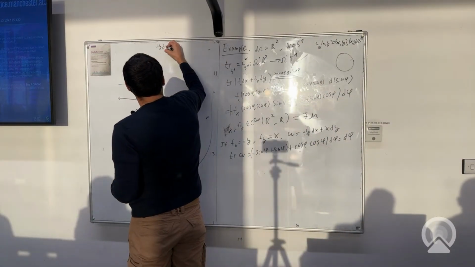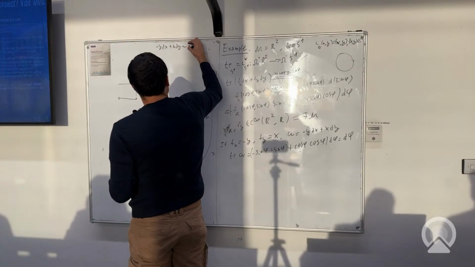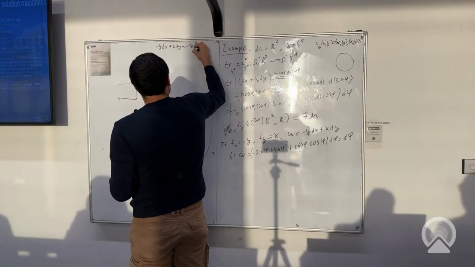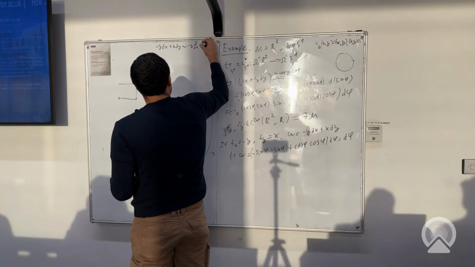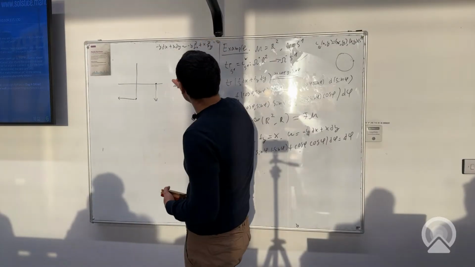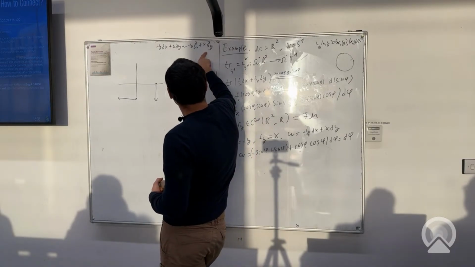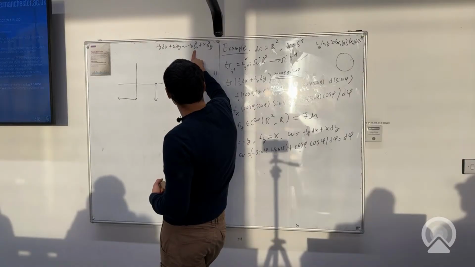Minus y dx plus x dy. I just interpret this as minus y d/dx plus x d/dy. And then at the point 1, 0, the component of x should be 0 and the component of y should be 1.